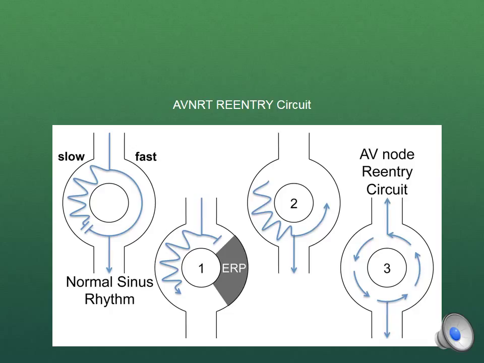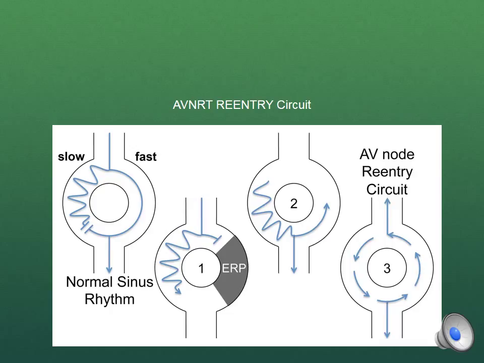One other thing I will note is that this potential for a reentry circuit is readily available in every healthy person. Healthy people can get SVT or have a tachycardic episode just as easily as a sick person, because the anatomy is set up for this. There's no structural abnormality.